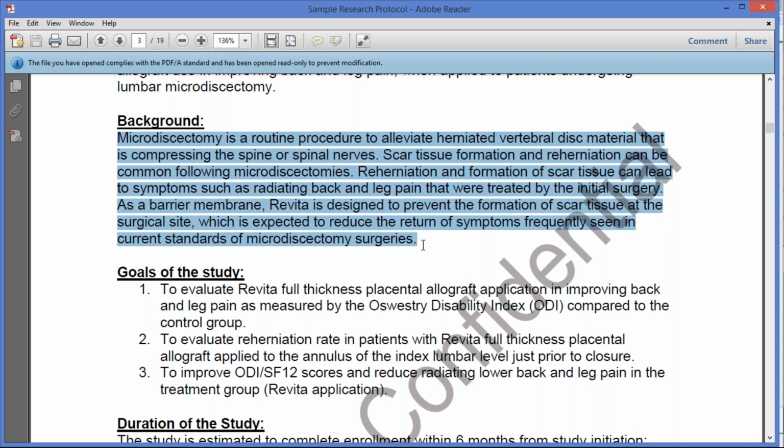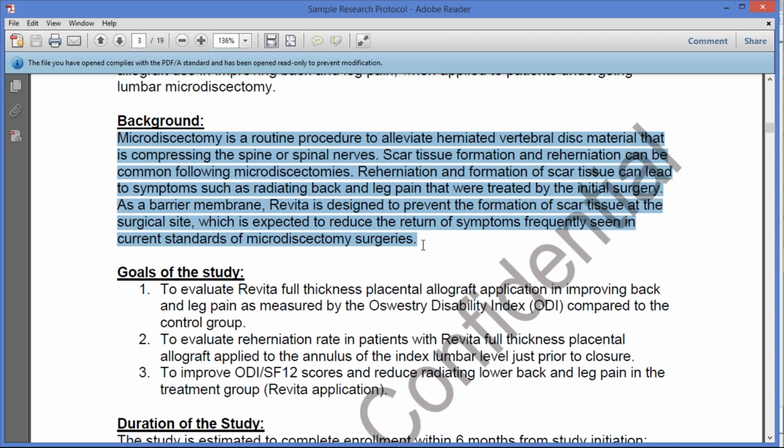But Revita is designed to prevent scar tissue formation because we are not going for stitches there. It's a patch. No chance of scar tissue formation. So it is expected to reduce the symptoms frequently seen in traditional surgery. So this is the background.